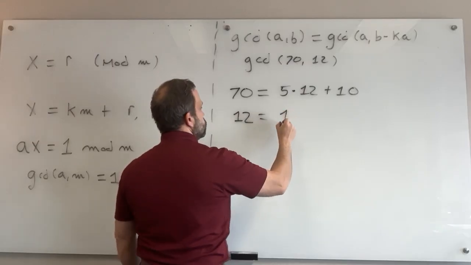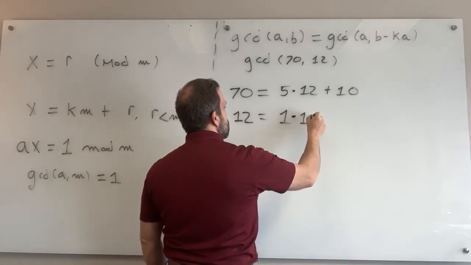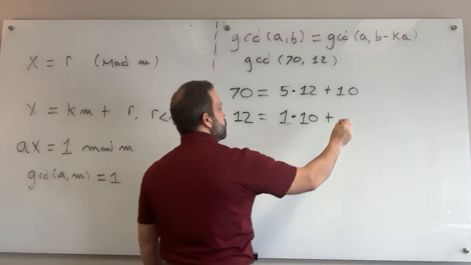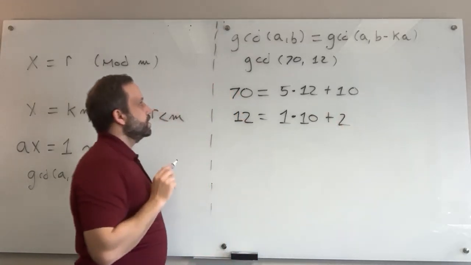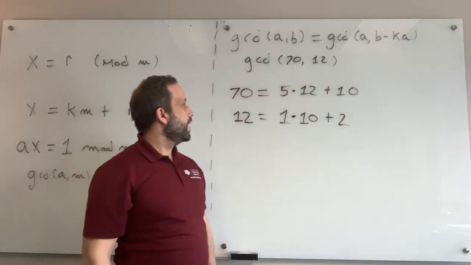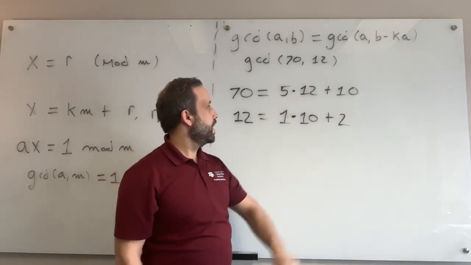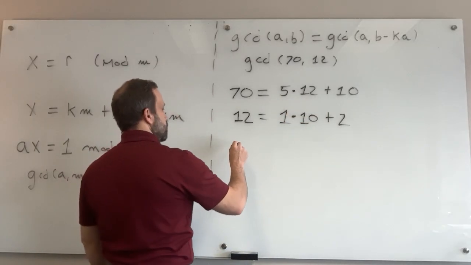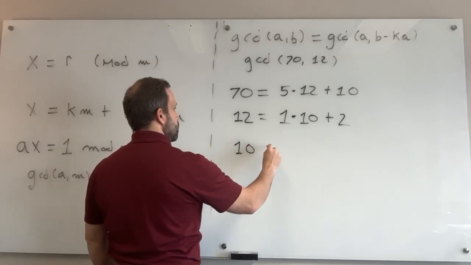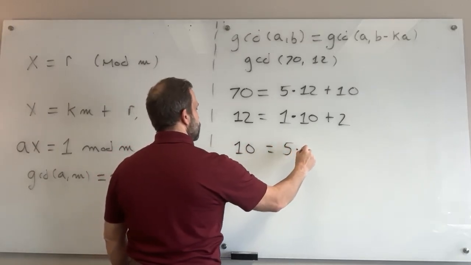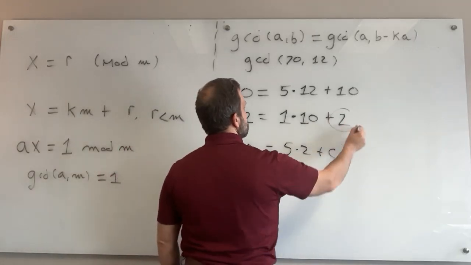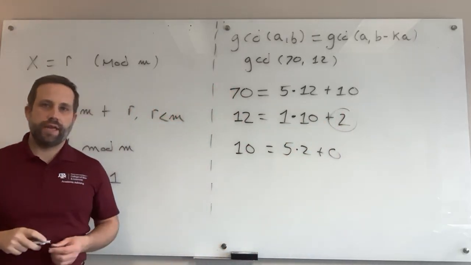So the GCD of 70 and 12 is equal to the GCD of 12 and 10. Then 12 is equal to 1 times 10 plus 2. So the GCD of 70 and 12 is equal to the GCD of 12 and 10, which is equal to the GCD of 10 and 2. Now 10 is equal to 5 times 2 plus 0. Therefore the GCD of 70 and 12 is equal to 2.